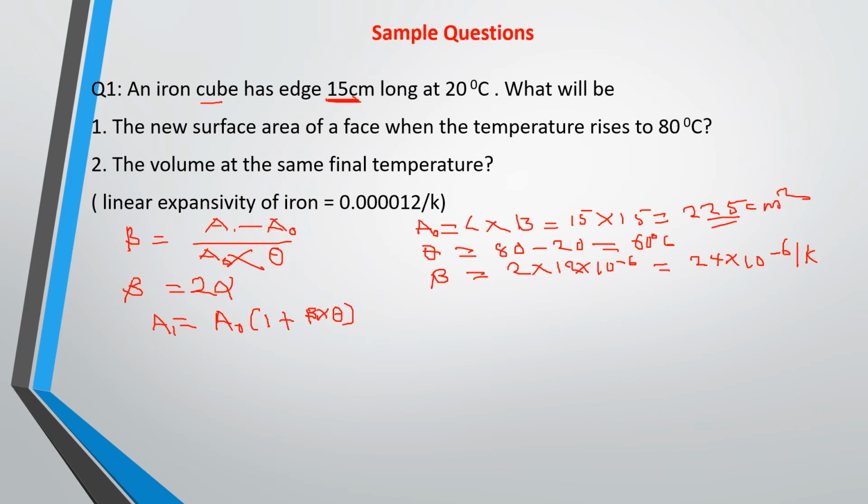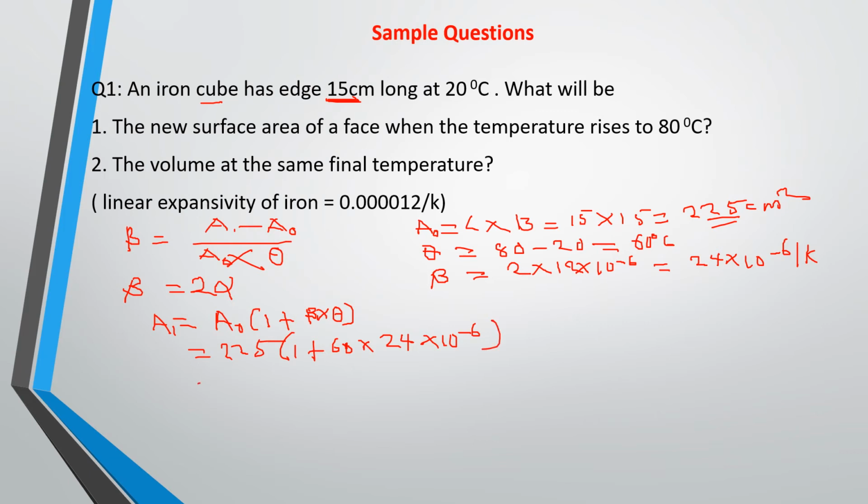So if you substitute now into this equation, you are going to have that your initial area is 225. I hope you take note of that. 225 times bracket 1 plus your change in temperature, which is 60 degrees, multiplied by your area expansivity, which is 24 times 10 raised to the power minus 6.